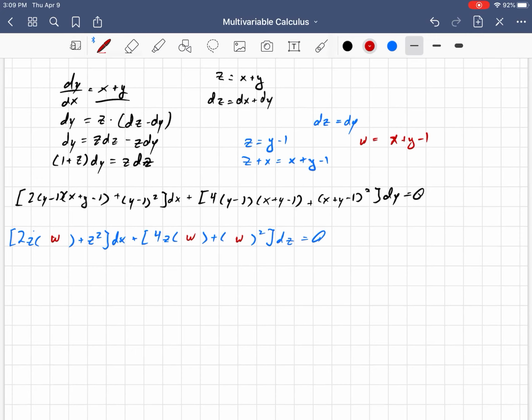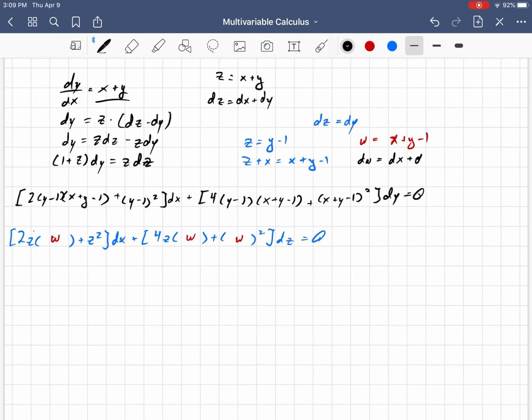Of course, you do have to write dx in terms of either dz or dw, because you can only have two variables. So it doesn't really matter which one you pick. I would pick a dw here.